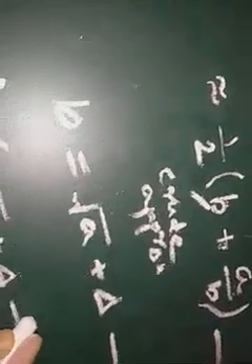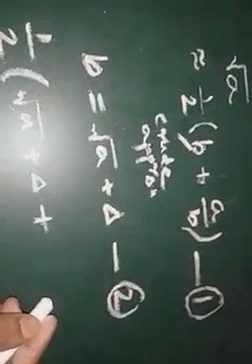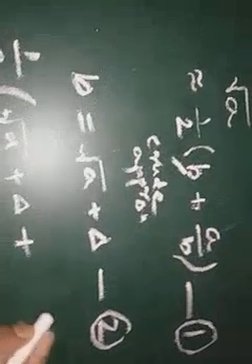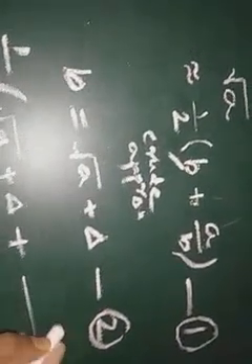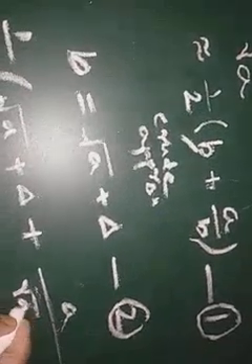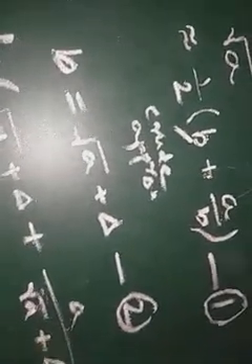Okay, very good. Plus a by b that you see in the right hand side of equation 1. A by b we have substituted as root a plus del, isn't it?